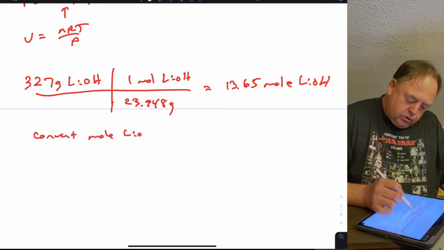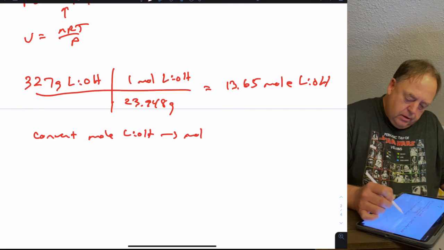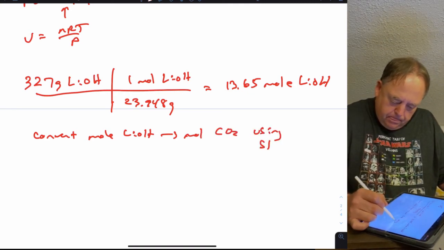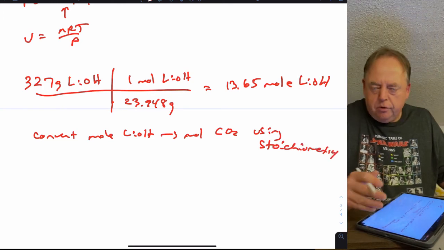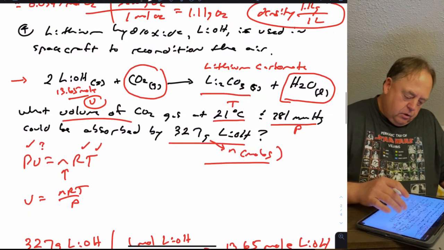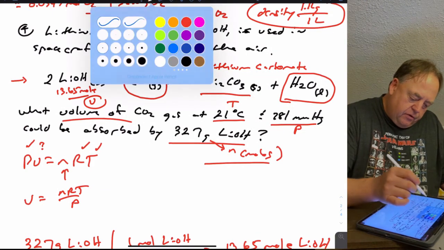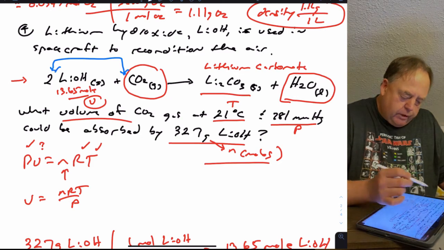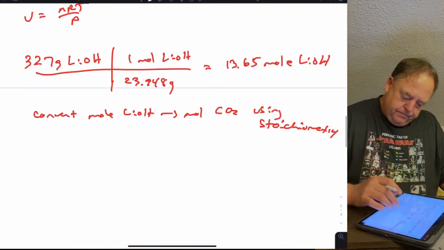moles of lithium hydroxide to moles of CO2, right, using what you know about stoichiometry. So how do you do that? You remember, if you're converting from one chemical to another, that's where you use the molar ratio. So it's a 2-to-1 ratio.